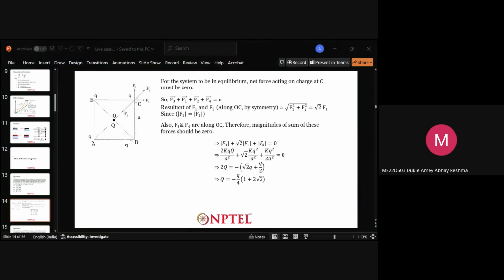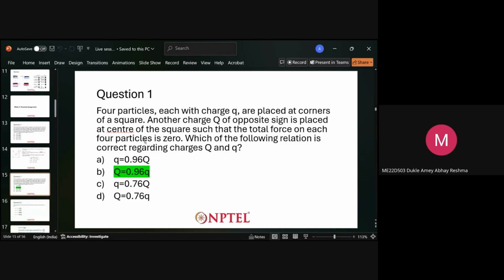Anyone who could not get the calculation here? Okay, so the answer is B. Q is equal to 0.96 small q.